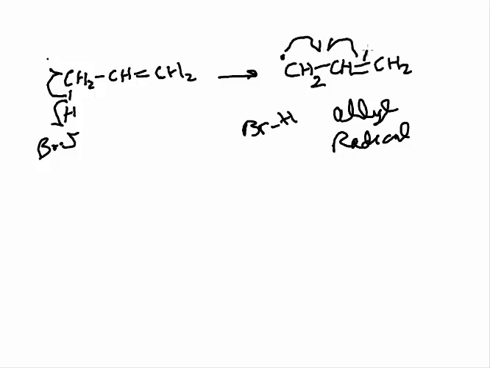The remaining electron shifts over onto the carbon, and you will get this second resonance structure. All right. Indeed, for an allyl radical, you can draw 2 resonance structures. Note that these are both equivalent. If I took the top one and flipped it, I'd get the bottom one here.